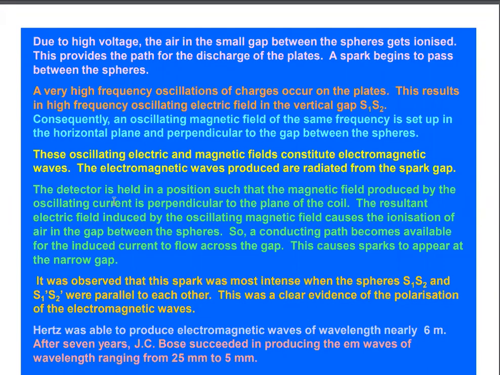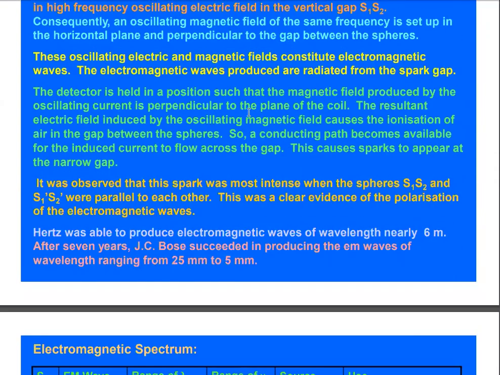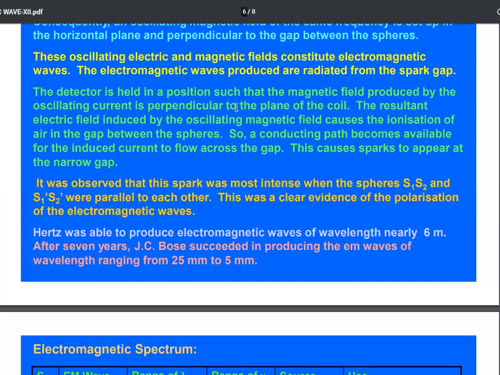So the detector is held in position such that the magnetic field produced by the oscillating current is perpendicular to the plane of the coil. The resultant electric field induced by the oscillating magnetic field causes the ionization of air in the gap between the spheres.